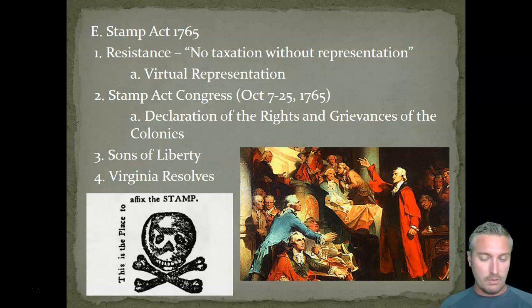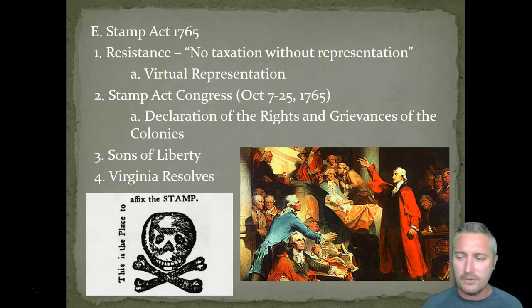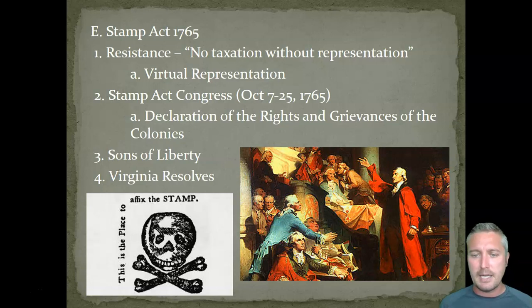They were angry, just like everyone else, about the Stamp Act, and so they came up with a series of resolutions called the Virginia Resolves, and it focused on those legal arguments that, as I mentioned before, English law stated that Englishmen could only be taxed by their elected representatives, and since they didn't have elected representatives at the Parliament level, taxation itself could only be legally done by the colonial legislatures. So they come up with these resolutions saying, we're actually the only ones that can tax us because we do not have representation in your group.